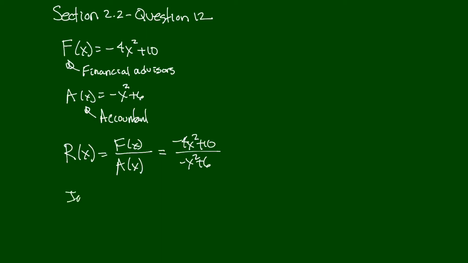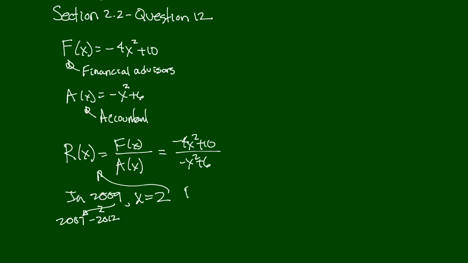Now, in the year 2009, we're going to get that x is equal to 2, right? Because everything goes from 2007 to 2012, and 2009 is 2 years from 2007. So I'm going to put this 2 in for x and see what that gives us.